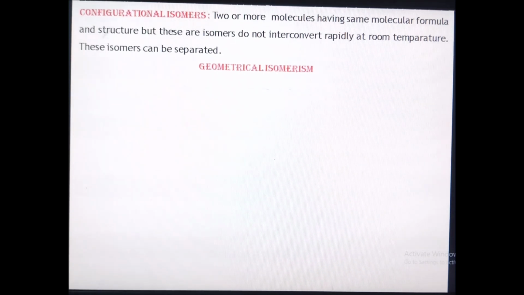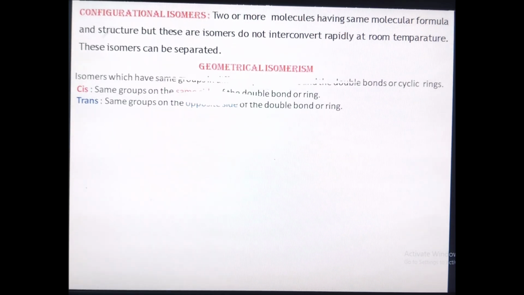Then, what is geometrical isomerism? Geometrical isomers are isomers that arise due to the restricted rotation about the double bond. It means when you have double bonds or a ring, there is restricted rotation about the double bond or the cyclic ring.